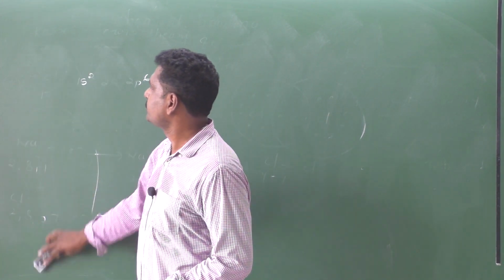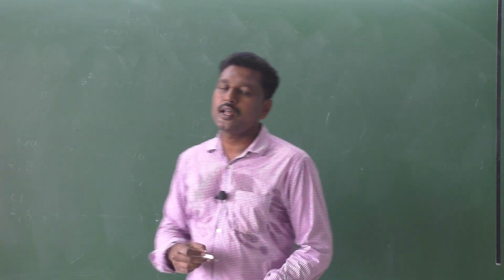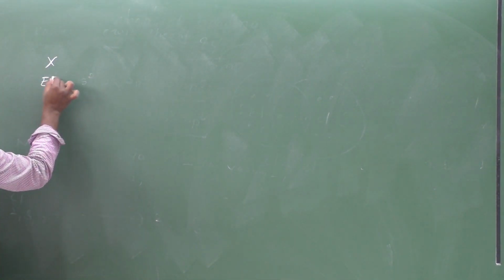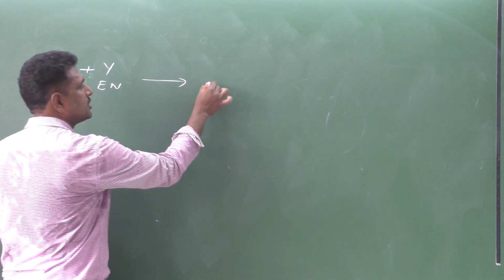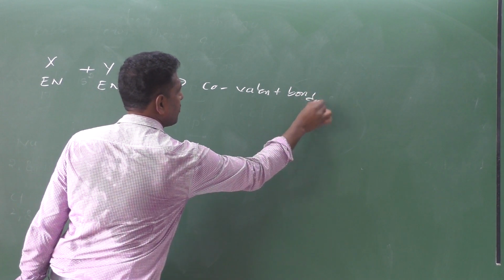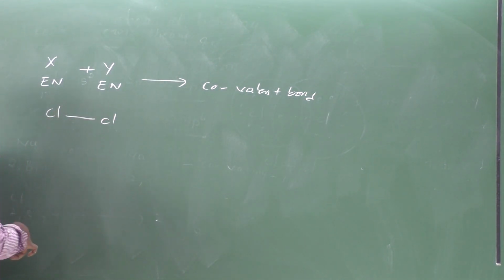After that, if two elements are electronegative, X is electronegative and Y is electronegative, the bond is a covalent bond. Example, chlorine and chlorine.